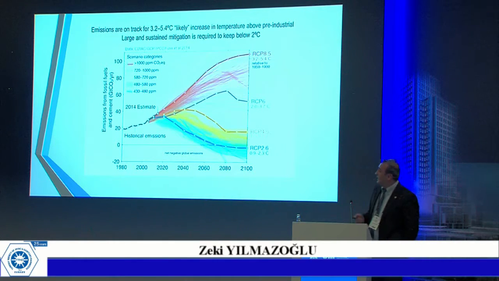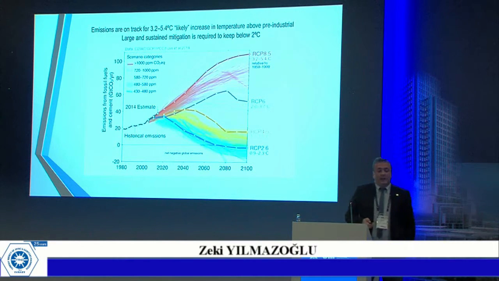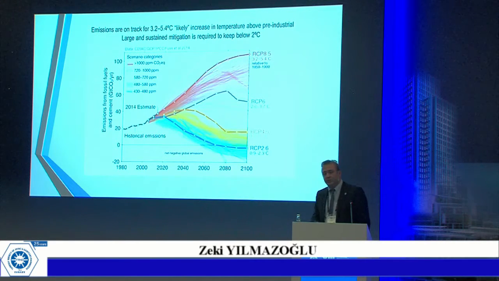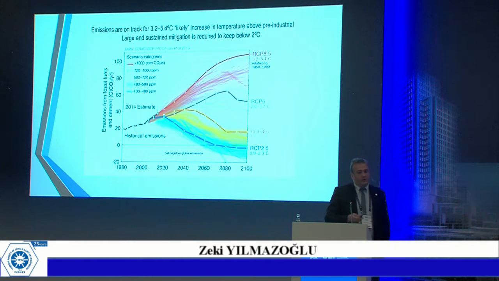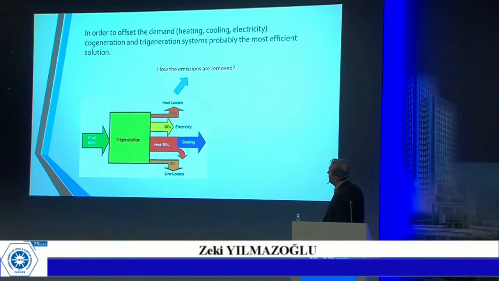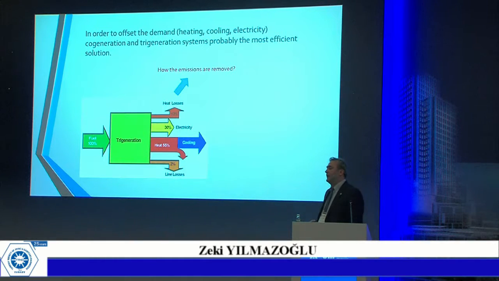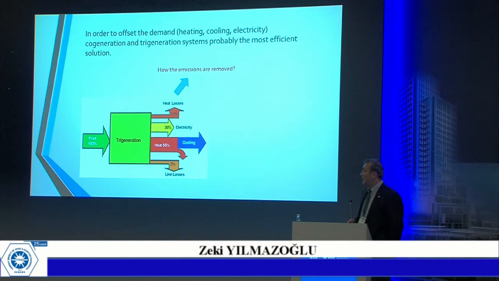There are many carbon dioxide projections and studies of what will happen in the future. And as you can see, if we don't take measures, our world is getting warmer and warmer. And maybe the most efficient way to generate electricity and heat and simultaneously cooling, which means a cogeneration system, is going to be the most efficient system for now.